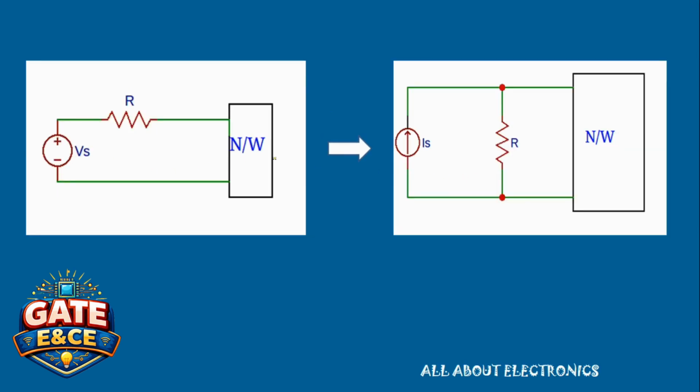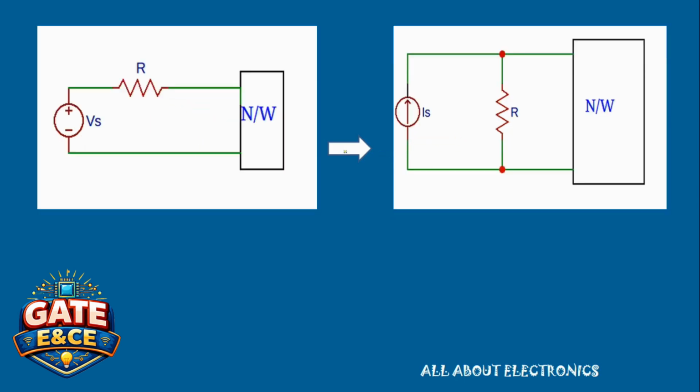So here during the transformation, the characteristic of the network does not get changed. That means the voltage across this terminal AB and the current that is entering into this node A will remain the same after the transformation.